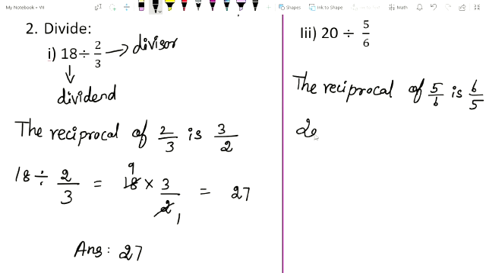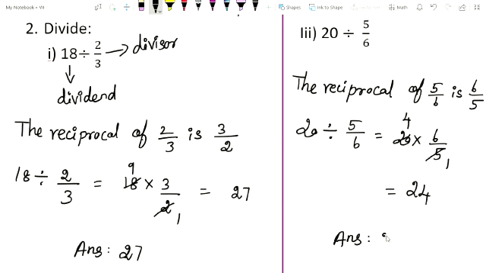So we are going to divide: 20 divided by 5 by 6 equals 20 into 6 by 5. 5 ones are 5, 5 fours are 20. Now 4 sixes are 24. So what is the answer, children? 24. You understand, children?